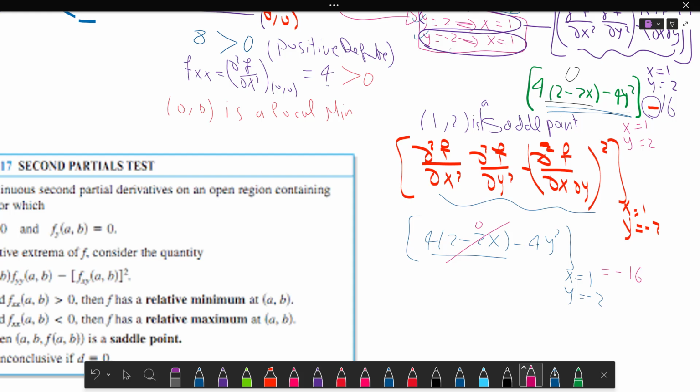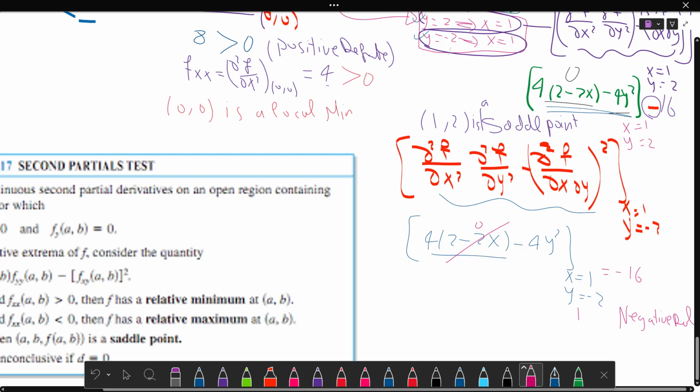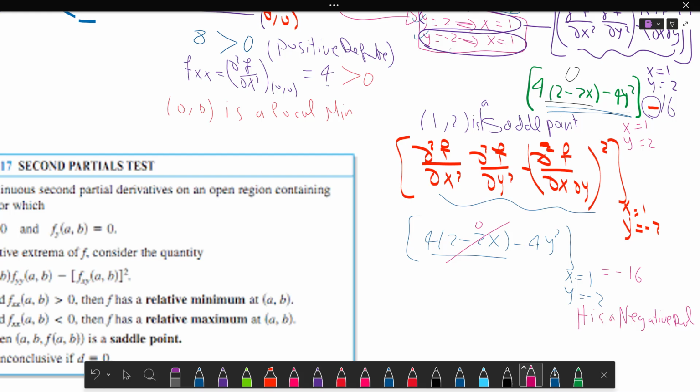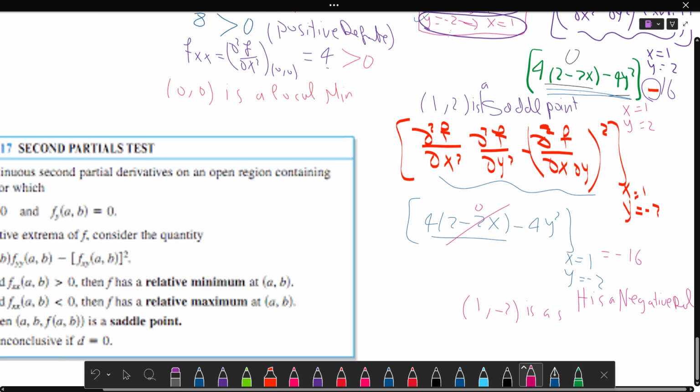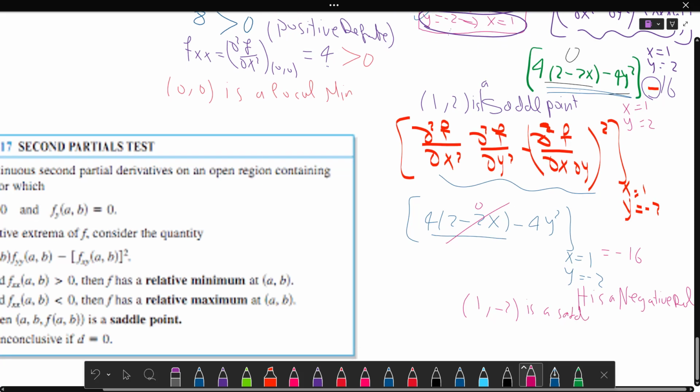So this one is negative definite, so the Hessian matrix is negative definite. So 1 and minus 2 is also a saddle point, unless we have a mistake. Saddle point.